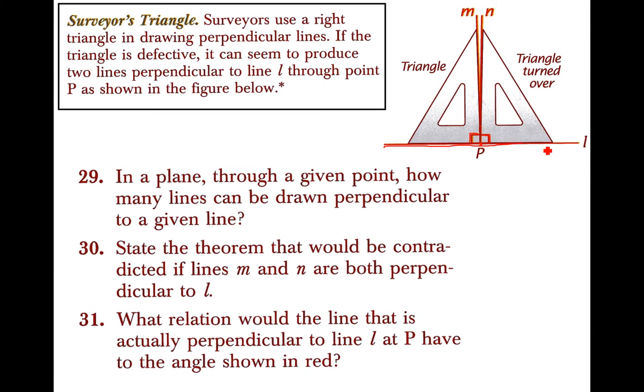So here's line L, and since neither of these lines actually is perpendicular, if we were to draw the actual perpendicular line in up here, they're asking you what relation would that have to angle MPN. And that's not actually right, it's just angle P. Those are the names of the lines. Shouldn't have used them there, but I did. So they're asking for the relationship of that line to angle P.